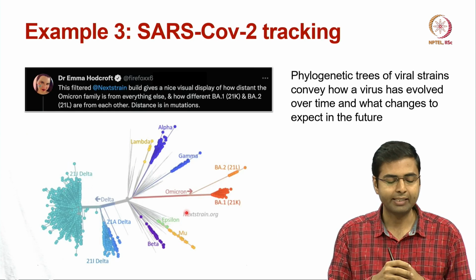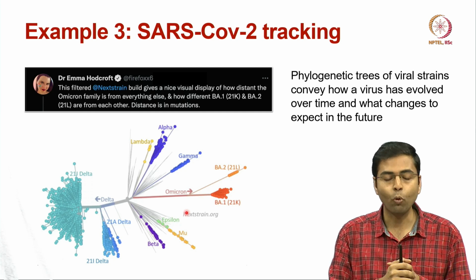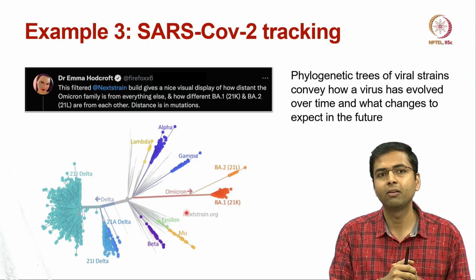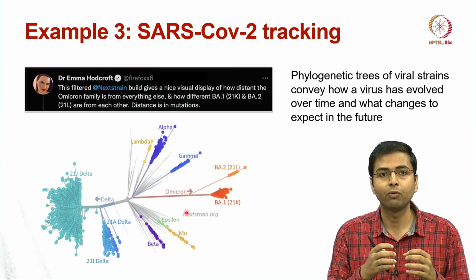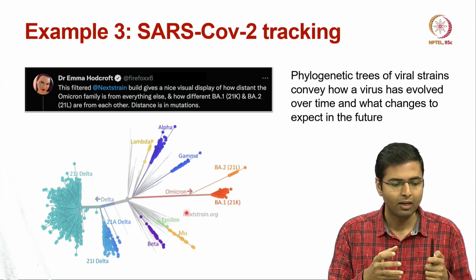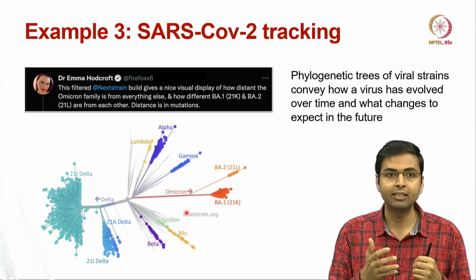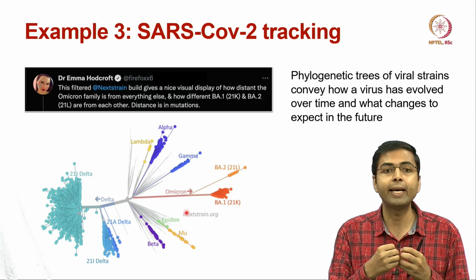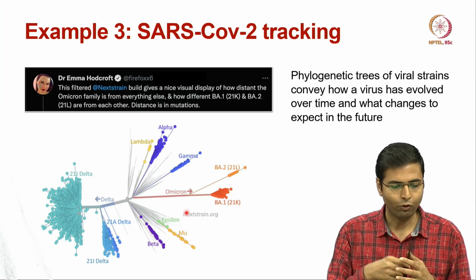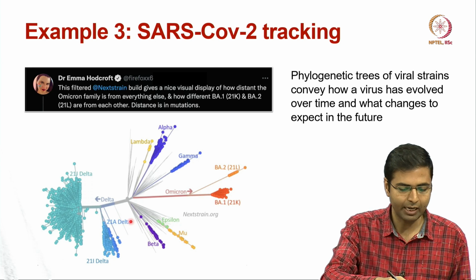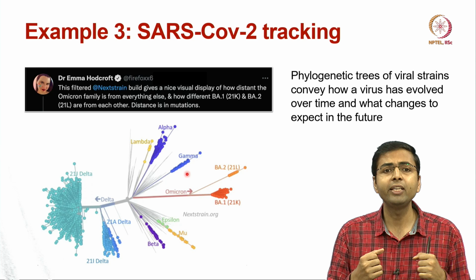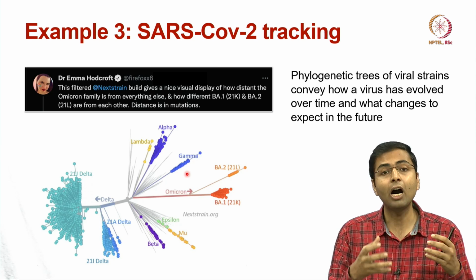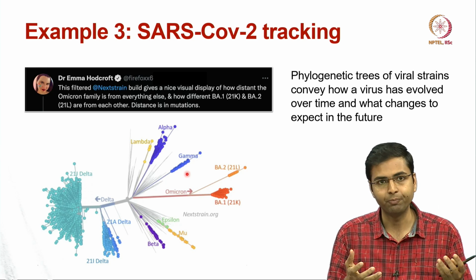Another more recent example is from the COVID pandemic, where many of you may have already seen pictures showing different SARS-CoV-2 virus mutations, and people used phylogenetic tree methods to see how different variants are evolving. For example, we had delta variants, beta variants, omicron variants, gamma variants and so on, and these tree reconstruction algorithms were showing how these variants are evolving over time.